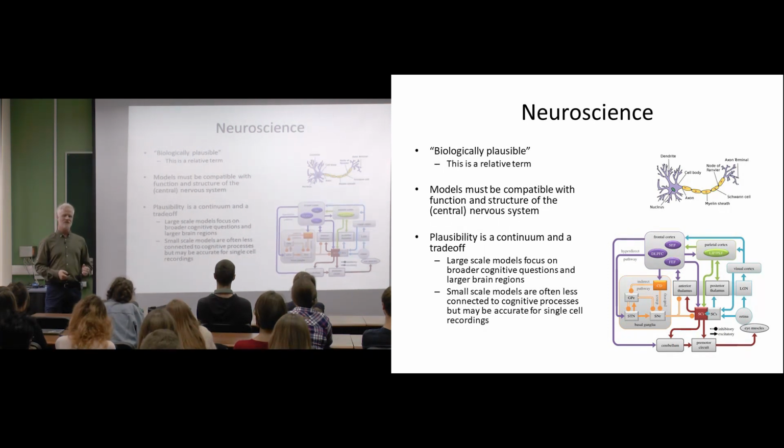So the challenge is to get models that are at least neurally plausible. They have some basis in the biology, but also give us more information about how those cognitive functions work. Okay? Trying to get all three of those to work together is not necessarily an easy problem, but it's a really fun area of research.